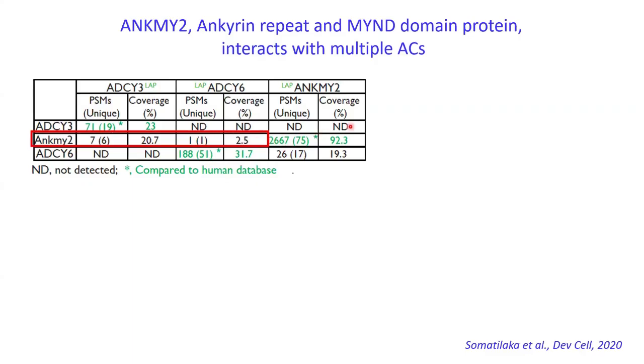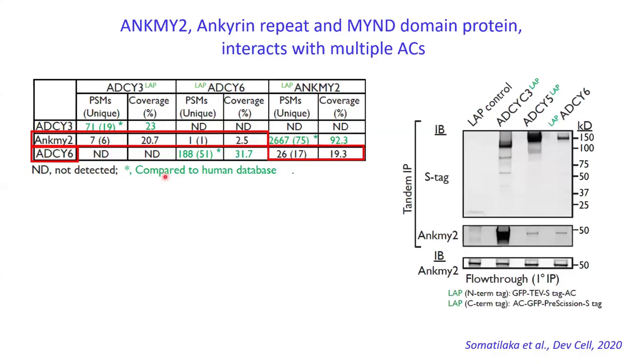And with tagged ANKMY2, in the mass spec result, AC6 was identified. And in immunoblotting upon mass spec of tagged AC3, 5 and 6, the endogenous ANKMY2 was showing up, showing that ANKMY2 is a common interacting factor for all these ACs.